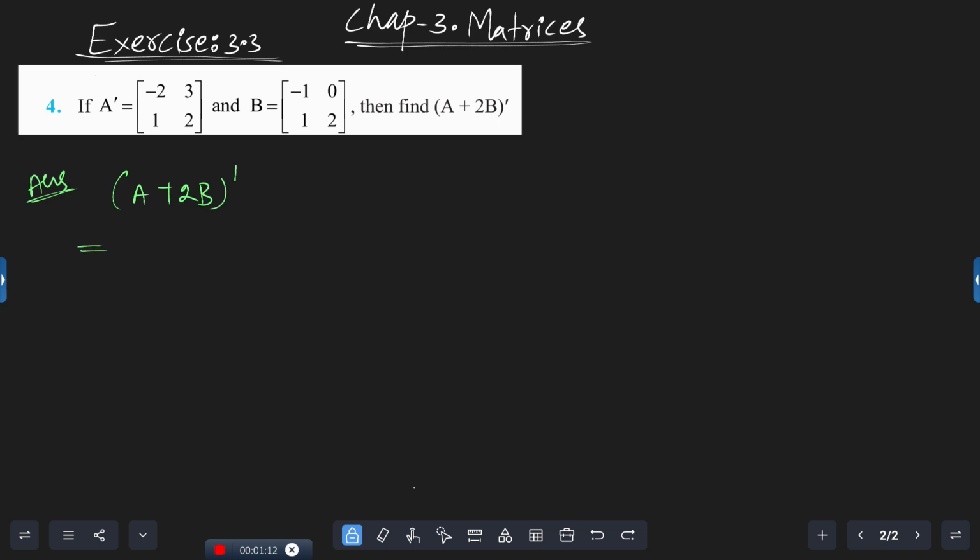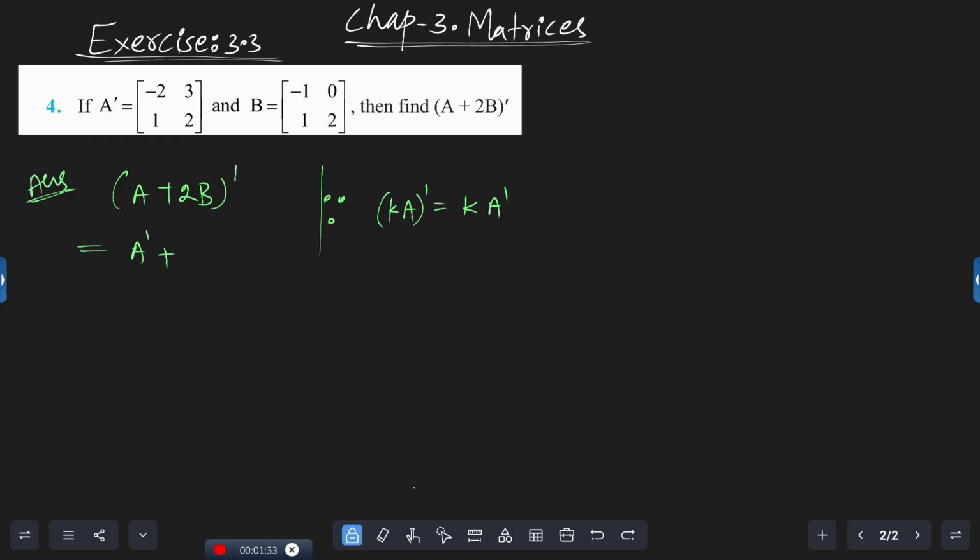The whole dash formula is what? Since you write A plus K, or else we know that K into A whole dash is equal to K into A dash. This is one formula. That one I'm using.